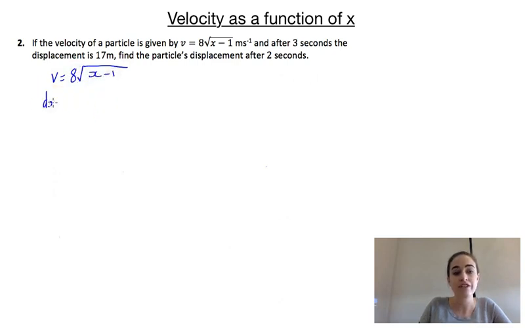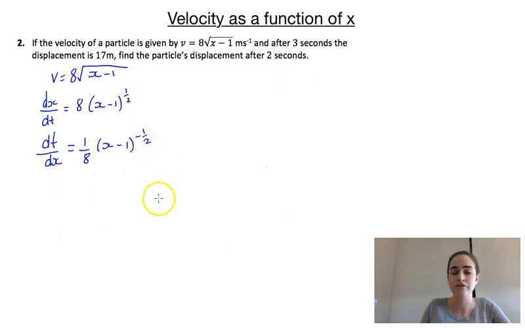So if we rewrite that as dx/dt, I'm going to rewrite this as well as 8 times x minus 1 to the power of half. Now we want to find dt/dx instead, so we want to find the reciprocal. So the reciprocal of 8 is 1/8, and I'm just going to rewrite this as x minus 1 to the power of negative a half. Now to find t, we want to integrate 1/8 times x minus 1 to the power of minus a half dx.